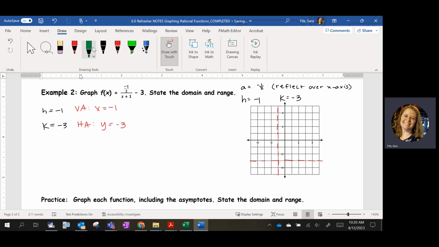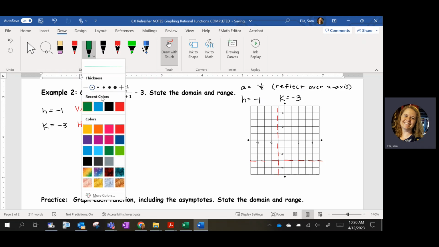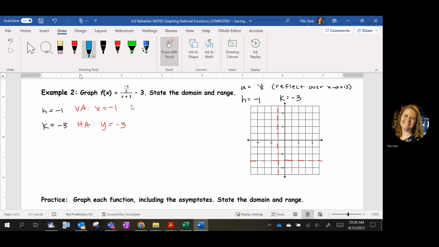That's what we're on. Before I even sketch this or know where the curves are, I know that it's going to go left and right forever. And so I'm going to go ahead and write my domain as everything except that -1.